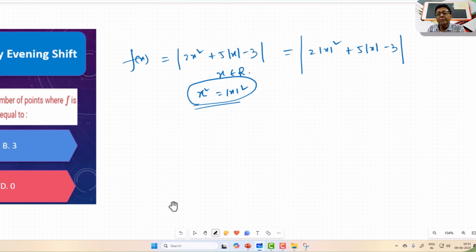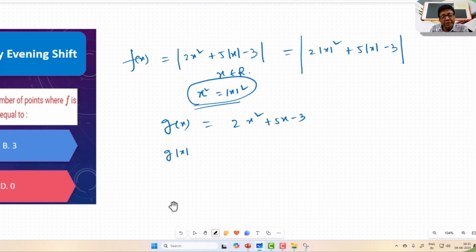So here, for this sum, let g(x) equal to 2x square plus 5x minus 3. Graphically it will represent a parabola.